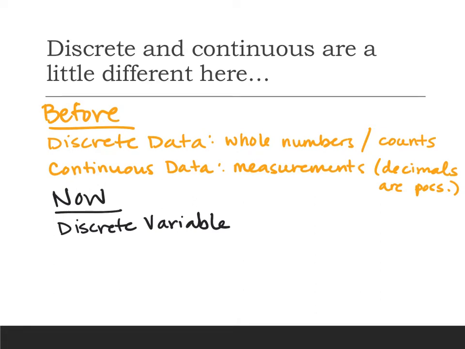So let me put that up here. Random variable x. So for a discrete random variable, I could have x equals lottery winnings.